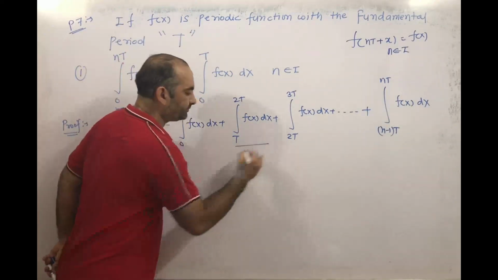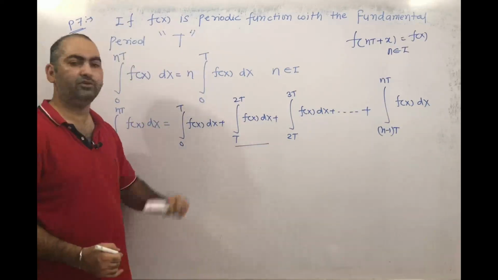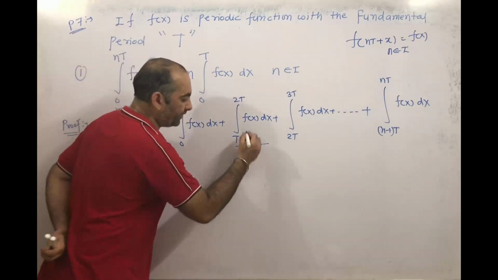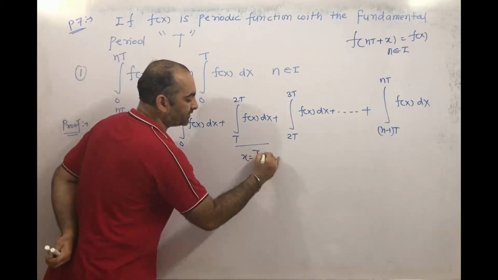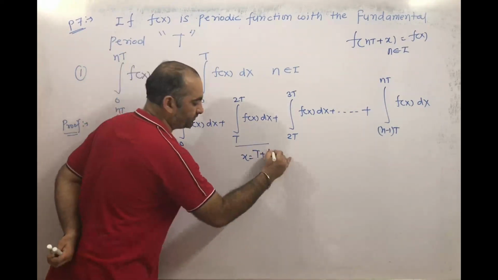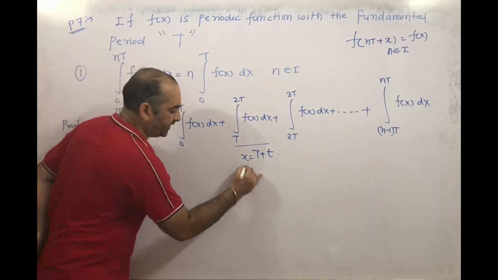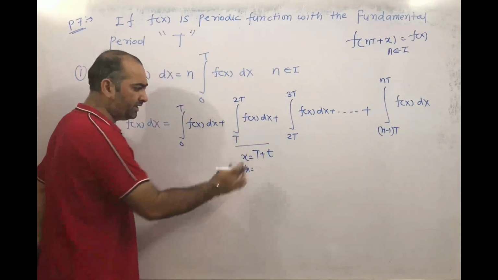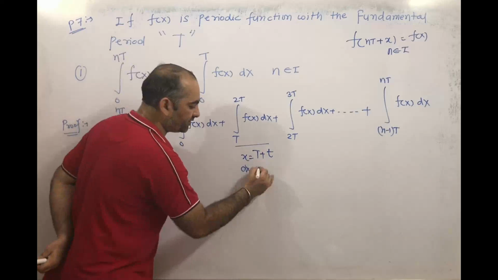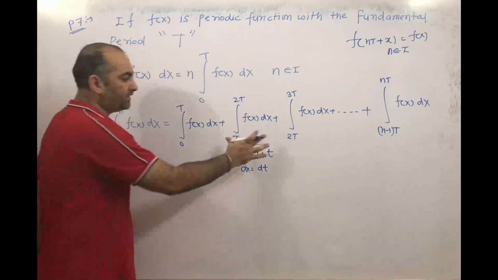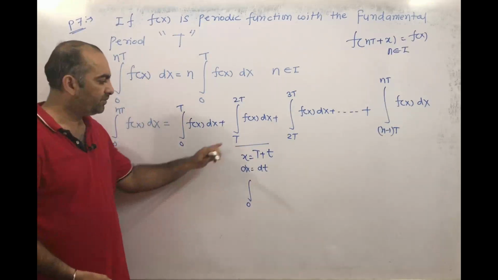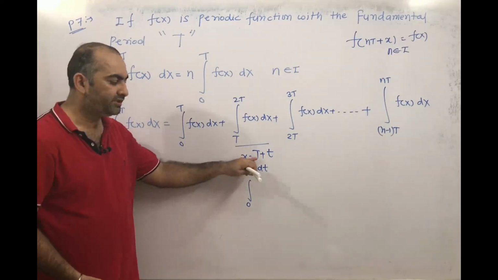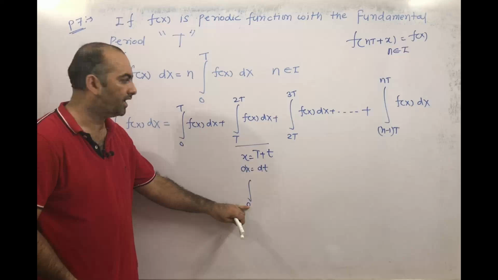Now here we will use the property. So here, instead of x, what we will put? T plus small t. So dx equals what? T is constant, so differential will be dt. So this integration will become integration of 0, because if I put lower limit T here, T gets cancelled and 0 will come, and upper limit is 2T.